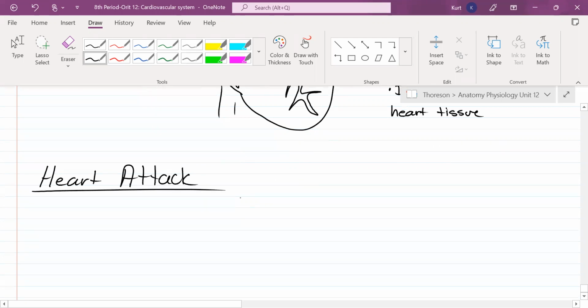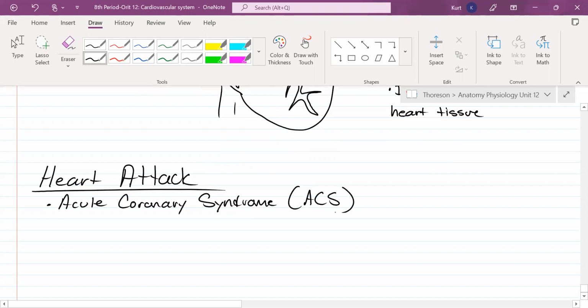Okay, a heart attack. A heart attack is typically caused by acute coronary syndrome, or ACS. This basically means coronary arteries get blocked.